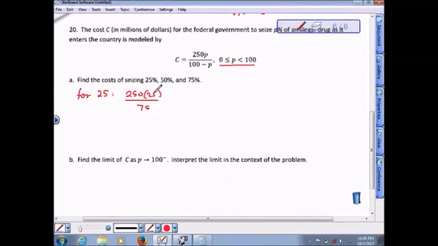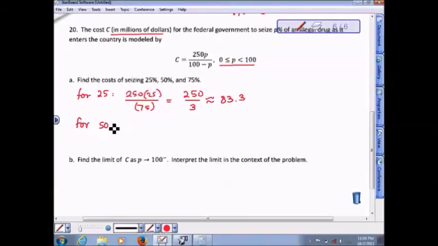And then 25 over 75, if you take a look at this, is just 1 over 3. So this is 250 thirds, which is roughly 83.3. Keep in mind this is in millions of dollars, so if they want to seize 25% of this illegal drug, it's going to cost them a little more than $83 million.